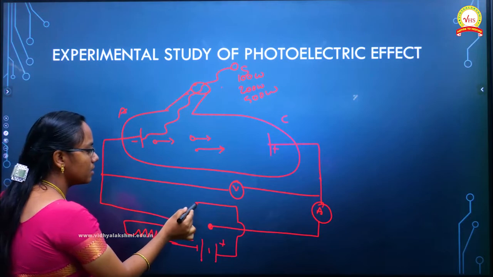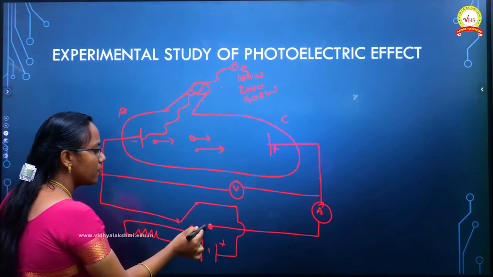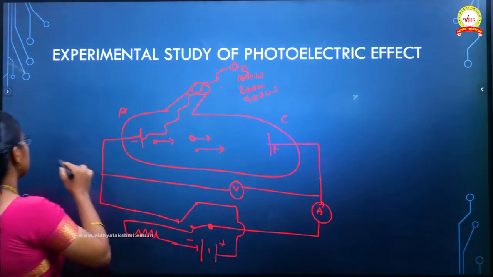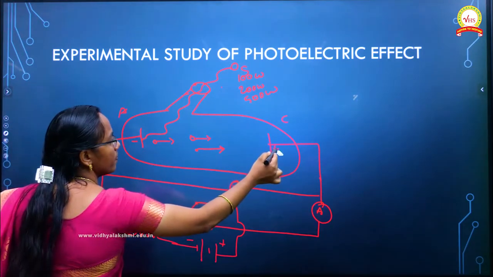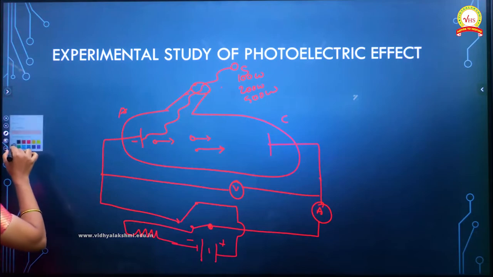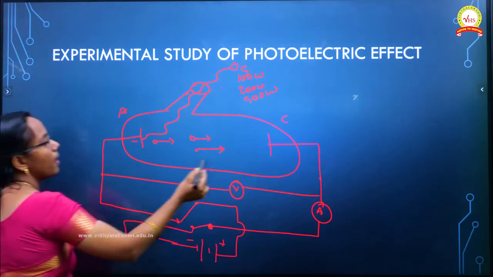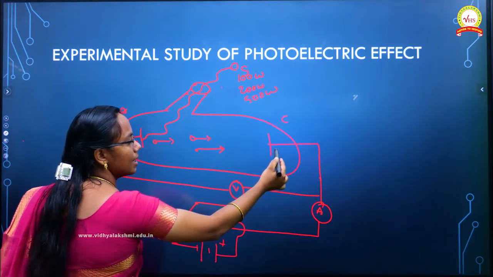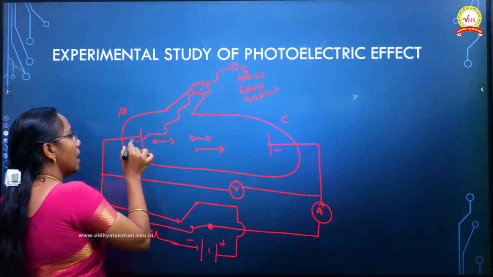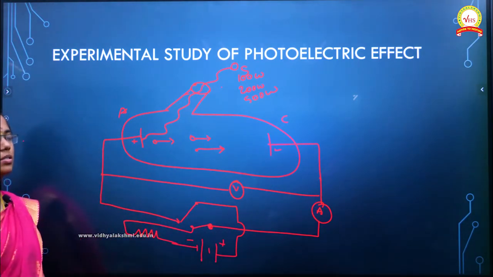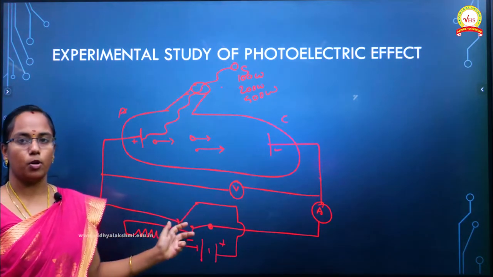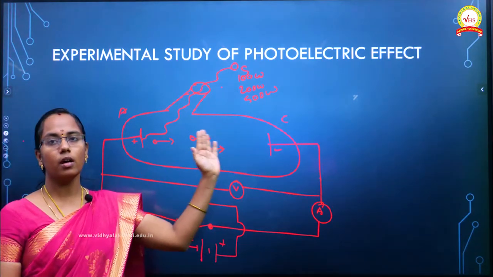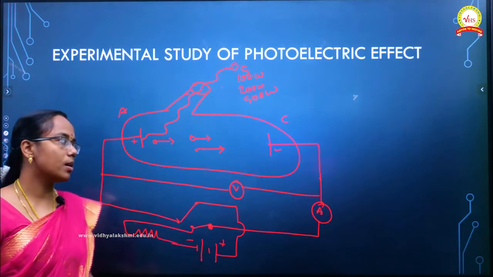If I connect it this way, I have reversed the polarity. Now the collector plate has become negative and the emitter plate becomes positive. By changing the polarity, you can vary the potential, and what happens to the emission of photoelectrons was observed.